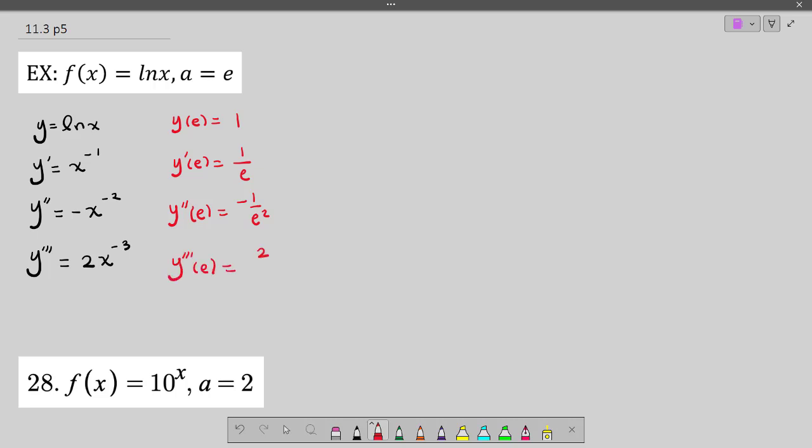So our four coefficients look like that. Plug e into each of them, and then we're going to build our Taylor series. The Taylor series starts at 1, and then we add 1 over e times x minus the center to the 1 power, so x minus e.